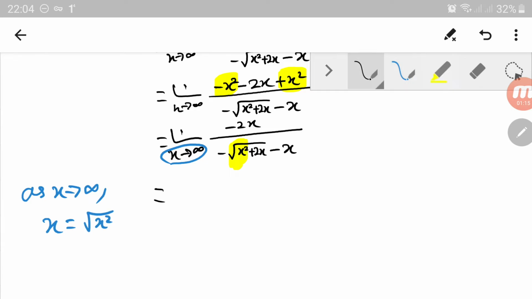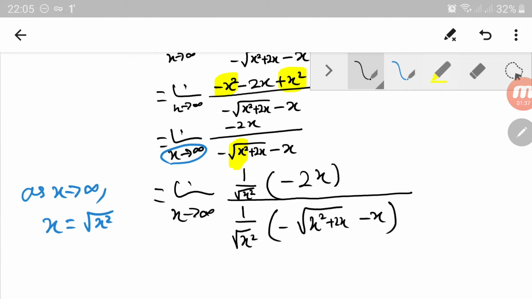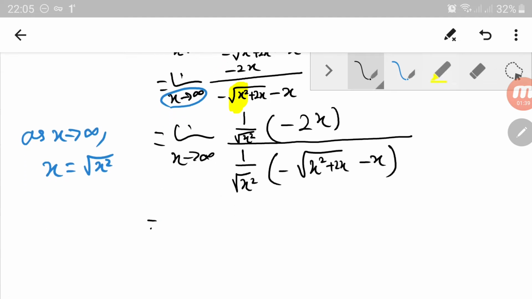So limit x approaching infinity. We divide by the square root of x squared. Then minus 2x, and then 1 over the square root of x squared, minus the square root of x squared plus 2x, minus x. Then continue and divide.